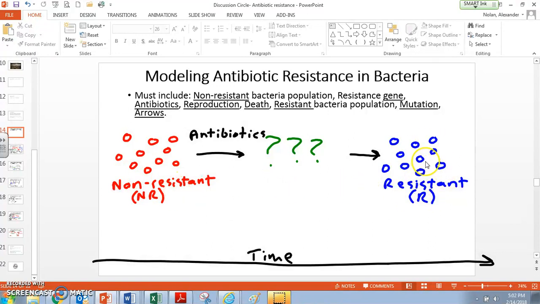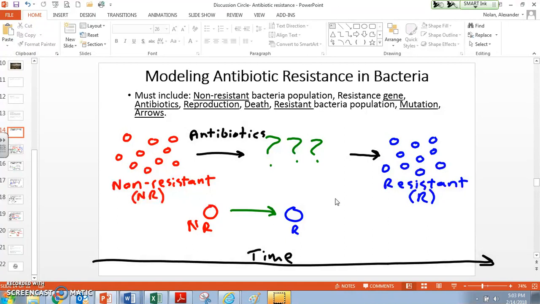So where did these resistant bacteria come from? It is tempting to say that antibiotics cause the non-resistant bacteria to become resistant, but that's not quite true. So what's not going on is this. It's tempting to say that, okay, I've got my non-resistant bacterium, and the antibiotics make that cell into a resistant bacterium.